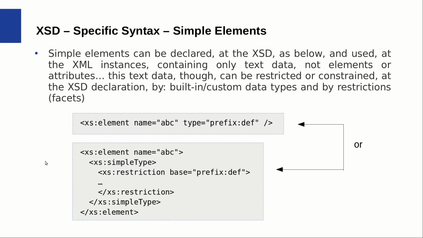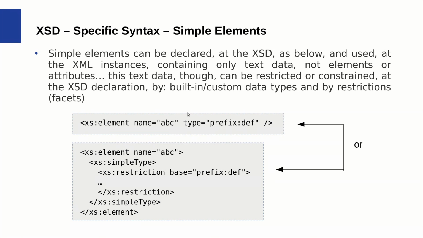So if you see here, we have these two forms of declaring a simple element. One, a simpler inline form where we use the default prefix that's associated to the default namespace from W3C, xs:element. This means we are declaring an element. Then we use the attribute name to name this element. All elements must be named.